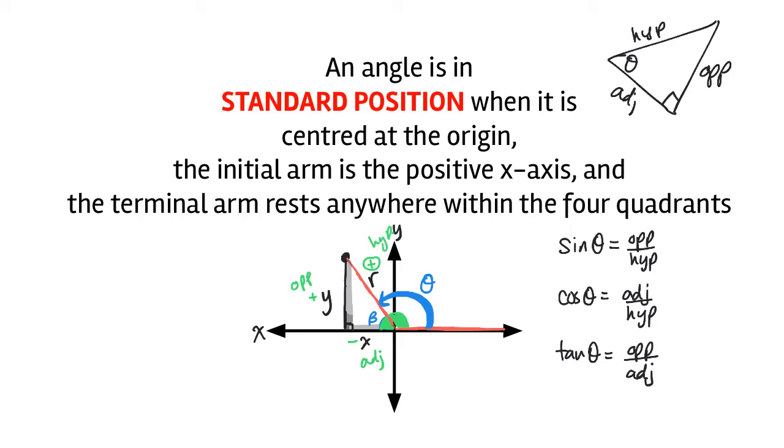So using all that, we know that sine being opposite over hypotenuse is the same thing as y over r, cos is x over r, and tan is y over x. Okay, so that's all familiar to you from grade 11.